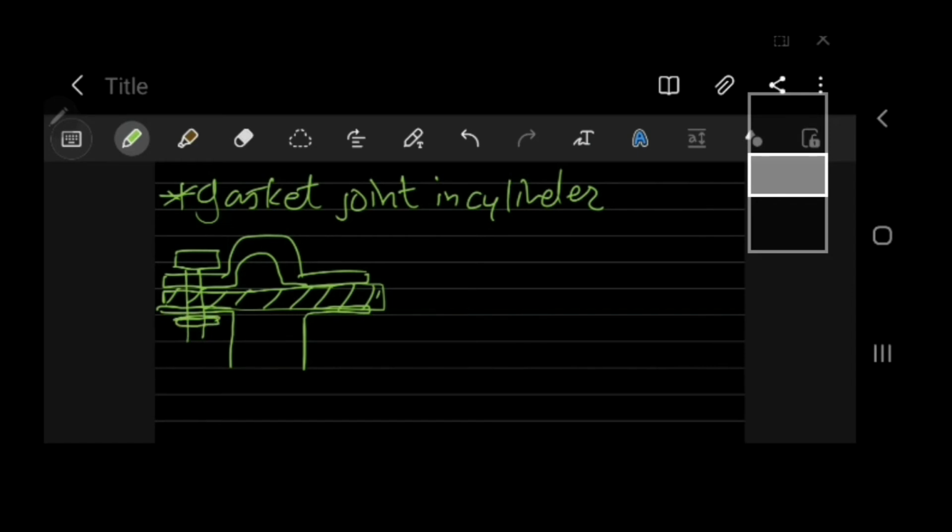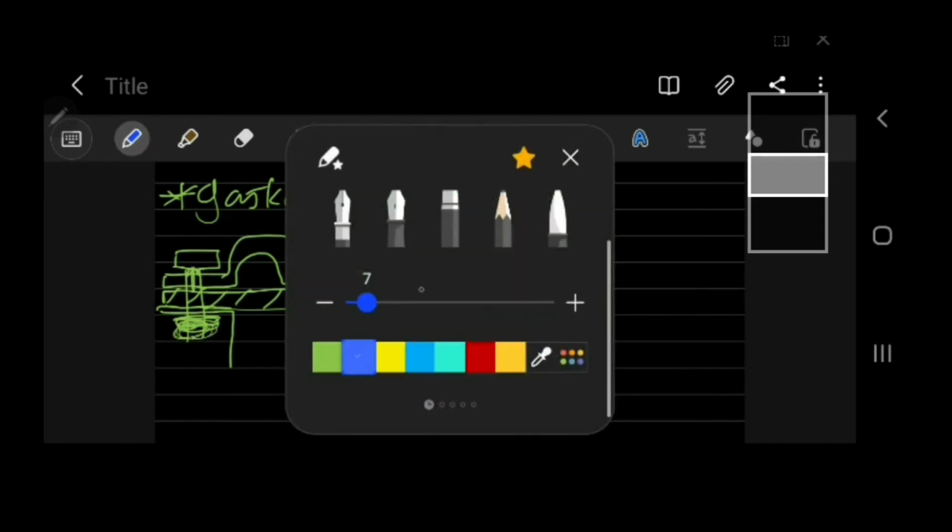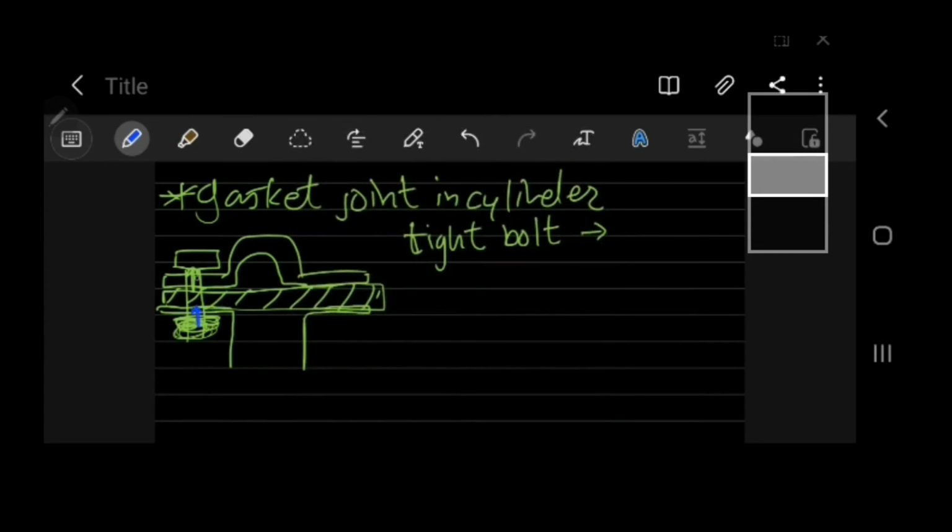So initially, for pre-stressing this gasket joint, we just tighten the bolt. Due to that, a tension will be created in the bolt.